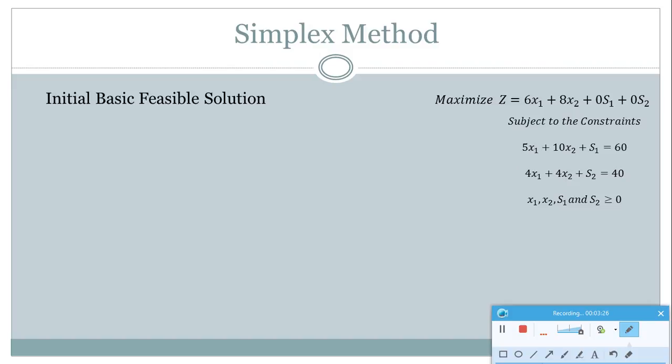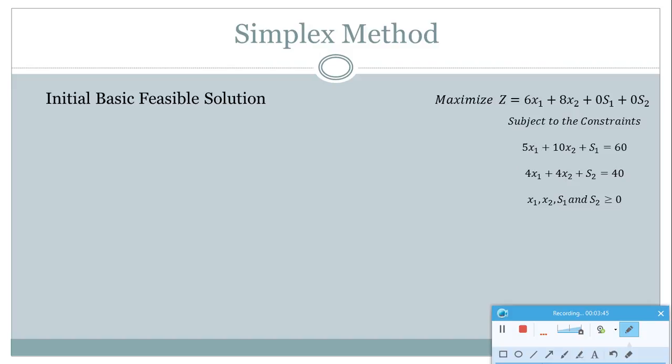Once converting the given LPP into the standard form, the next step is determination of the initial basic feasible solution. The initial basic feasible solution is determined by putting the values of decision variables 0.